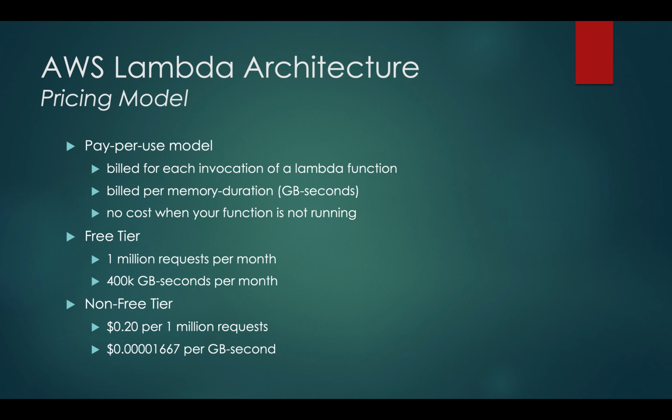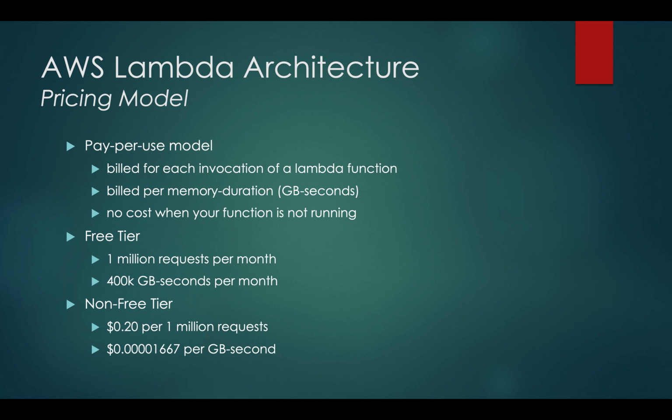So looking at the pricing model, this is another thing that is pretty unique to AWS Lambda. They have a pay-per-use model, which means you're billed for each invocation of a Lambda function, and each invocation is called a request. So you're billed per each request. You're also billed per this metric called memory duration, gigabyte seconds.